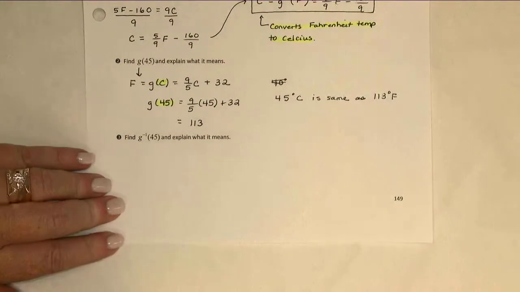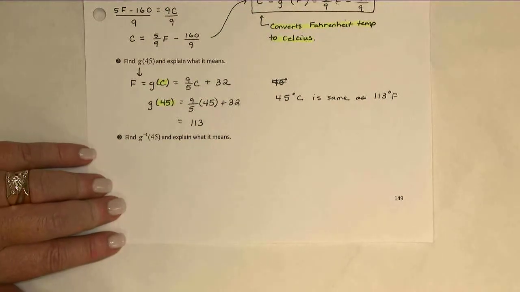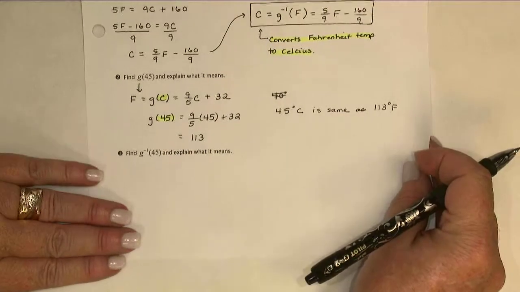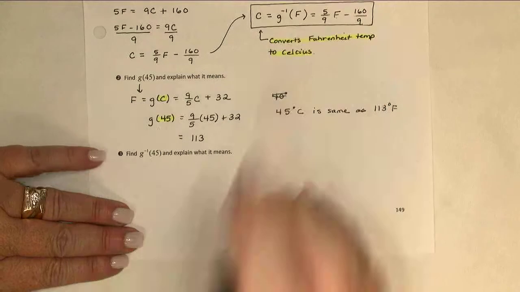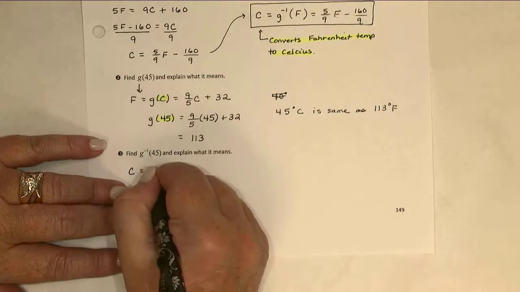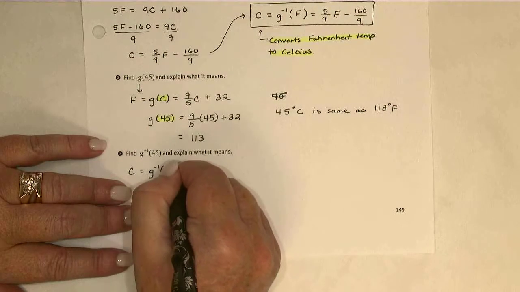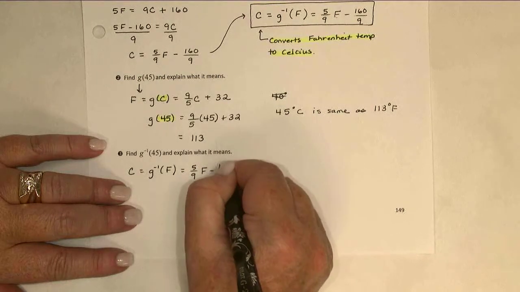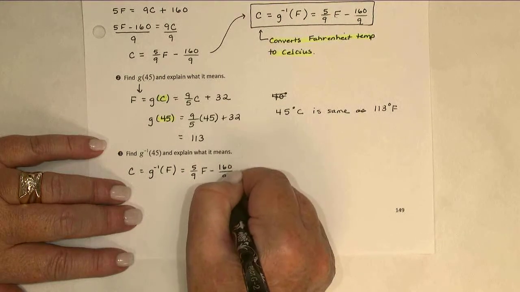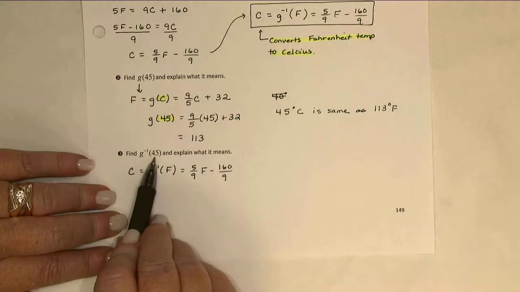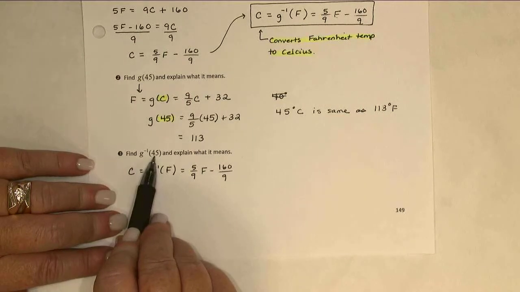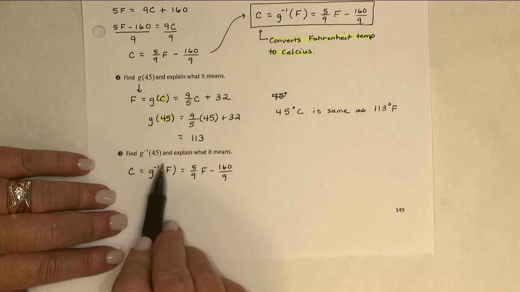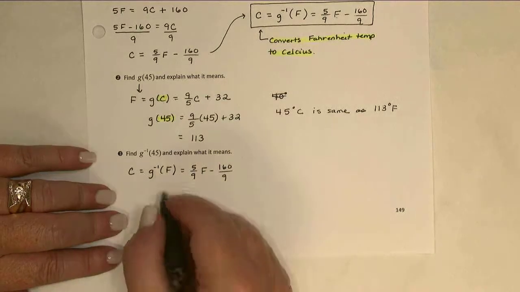All right, and in the last part of this problem, we're asked to find g inverse of 45. So let's see, it was right up here. I'm just going to once again rewrite my inverse function. I'm still being asked to plug in 45, but notice this time the input is the f. This is 45 degrees Fahrenheit that I'm plugging in.